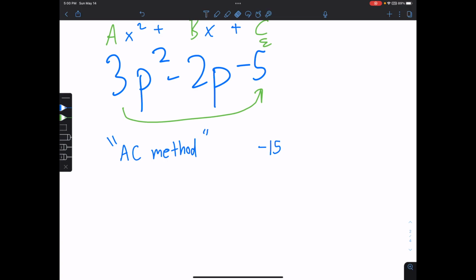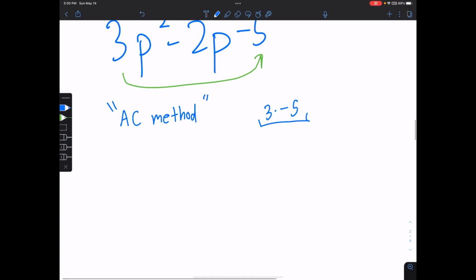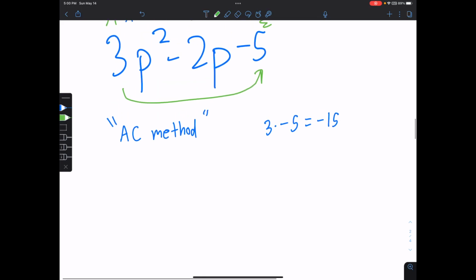Now, what I recommend you guys to do is actually not to multiply it out, right? Just leave it as 3 times negative 5, okay? And now, of course, you can make it negative 15, but now we think of 2 numbers that will multiply together to get this number at the end, right?